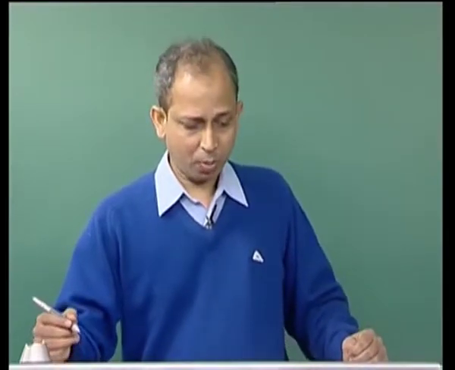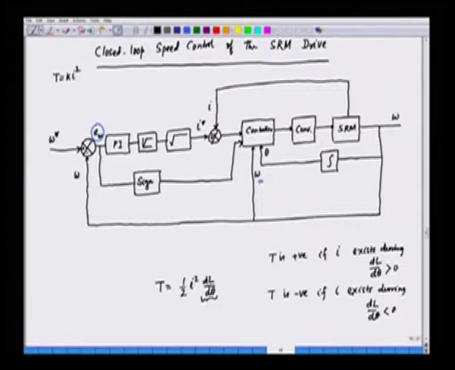So, this is the block diagram of the closed loop speed control. We have the reference speed, and we compare this with the actual speed by having a speed feedback. And then we have the PI controller, the proportional integral controller, which gives something similar to the torque.